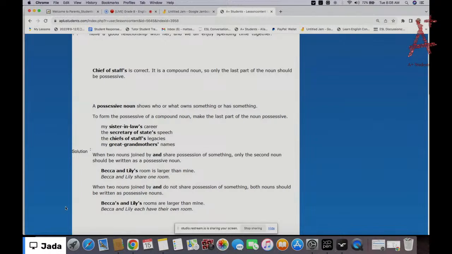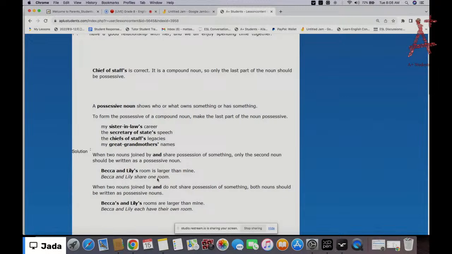When two nouns joined by and do not share possession of something, both nouns should be written as possessive nouns. So when it's not sharing possession, both should be written as possessive nouns. For example, Becca's and Lily's rooms are larger than mine. You see that the two nouns joined by and do not share possession.